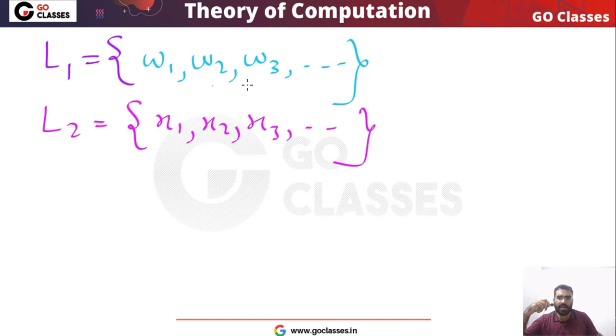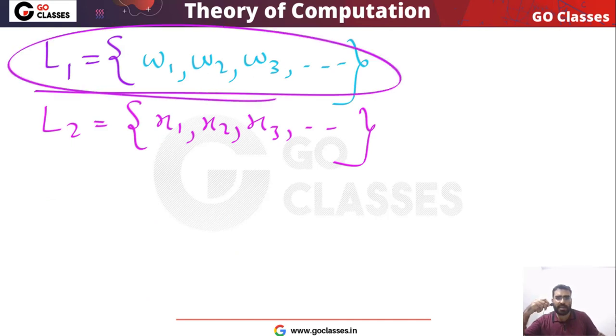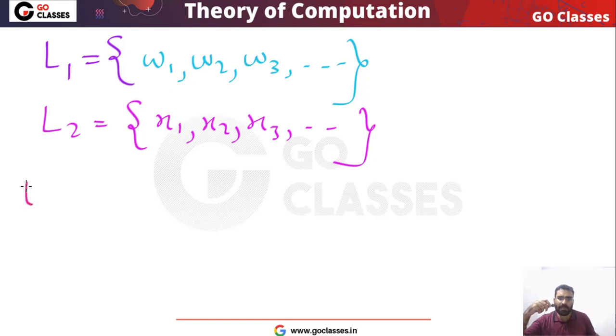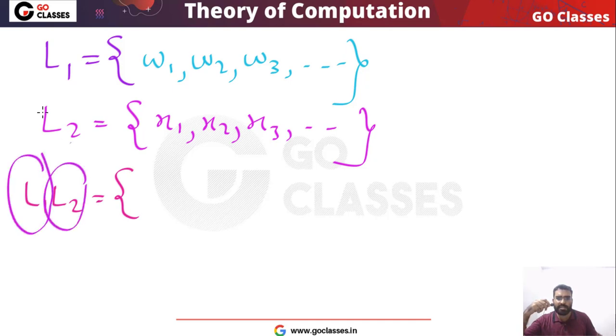So if L1 has this type of strings and L2 has this type of strings, what will happen in L1 L2? L1 L2 means string of L1 followed by string of L2.